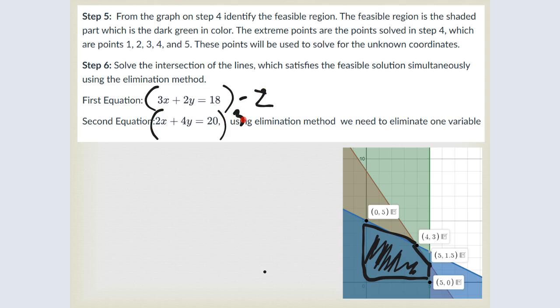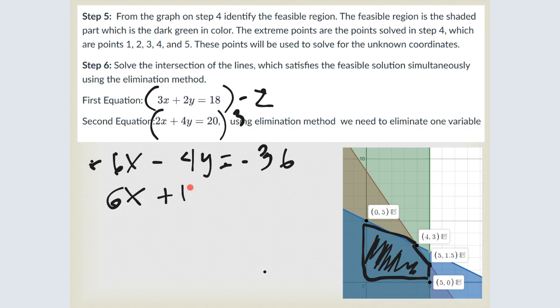So negative 2 times 3x gives us negative 6x, 2y times negative 2 is negative 4y, and 18 times negative 2 is negative 36. Now for the other one, 3 times 2x is positive 6x, 3 times 4y is 12y, and that is equal to 3 times 20, which is 60.